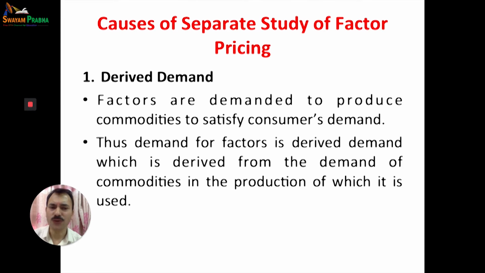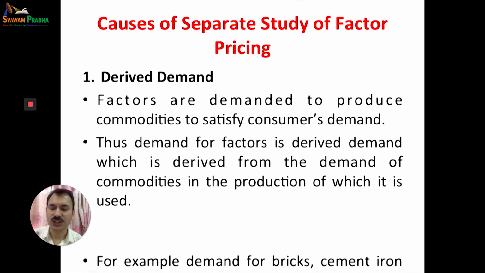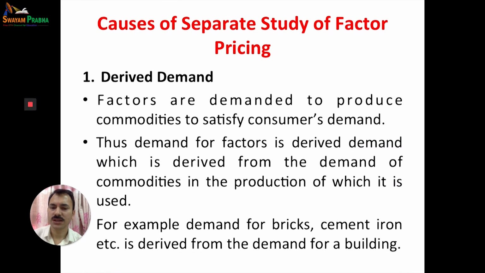The demand for a factor is derived from the demand for the commodities in the production of which it is used. For example, you need a building, then the demand for bricks, cement, iron, etc. is derived demand.